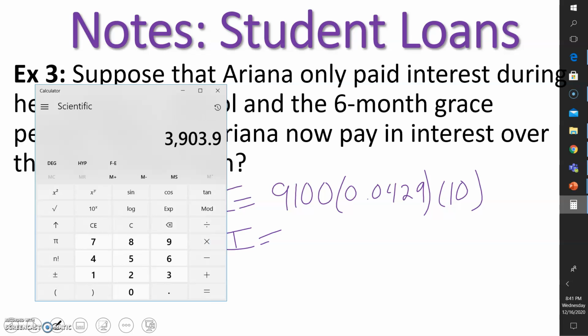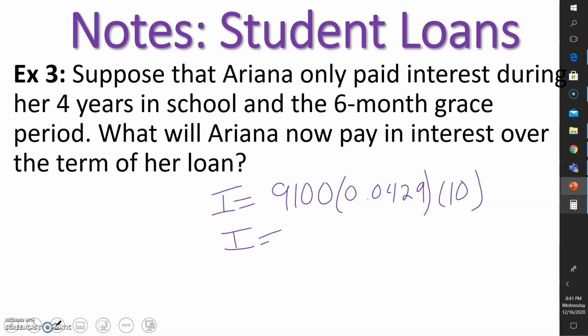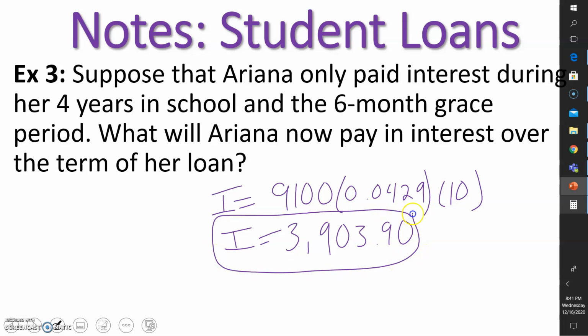At that point, she would have only $3,903.90 in interest. So you see here, she will pay almost $1,000 less by paying the interest while she's in school.